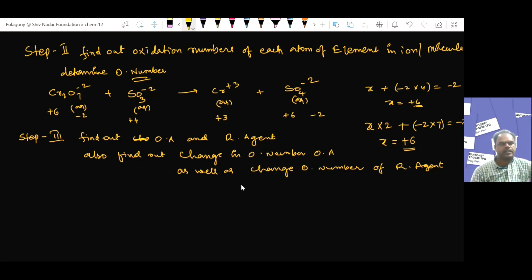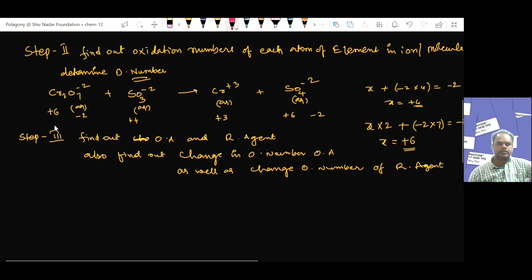So find out the oxidizing agent and reducing agent in the ionic equation or in this redox reaction, and find out the change in oxidation number of the oxidizing agent and the change in oxidation number of the reducing agent. Let us look into this.